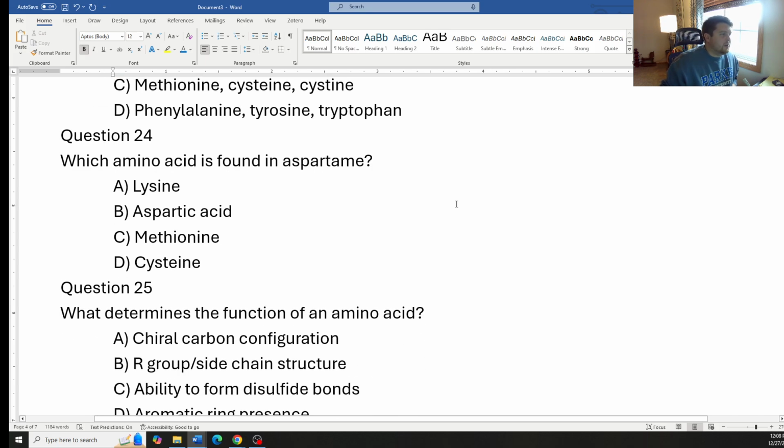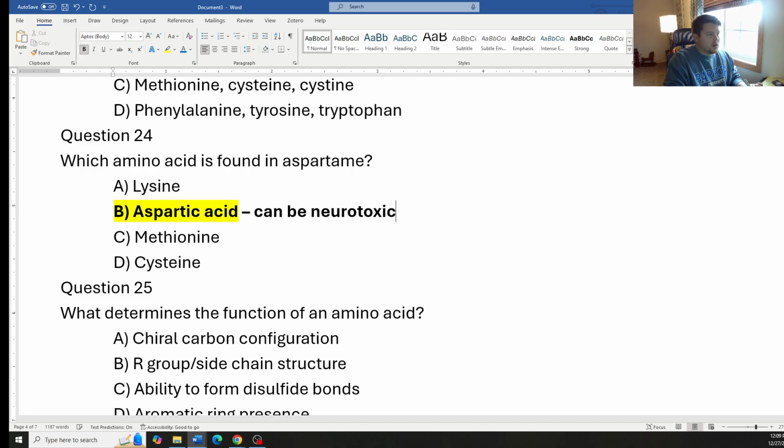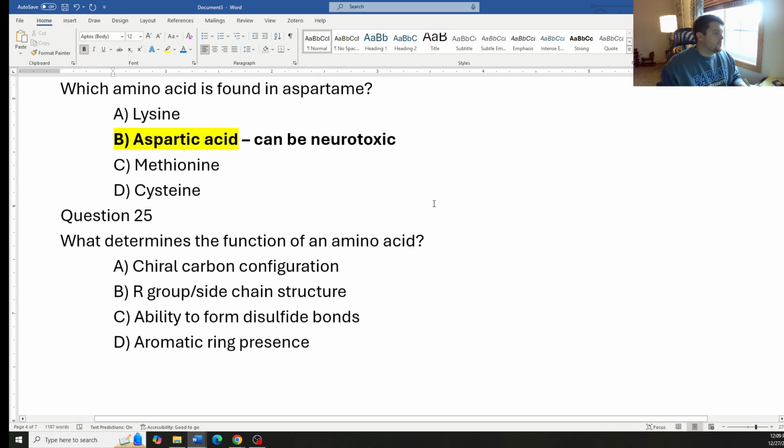Question 24, which amino acid is found in aspartame? Lysine, aspartic acid, methionine, or cysteine? This is our aspartic acid. What's important to remember is that too much aspartame can be neurotoxic.